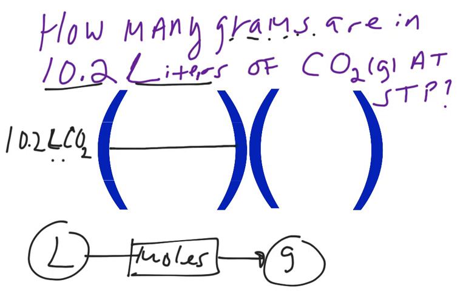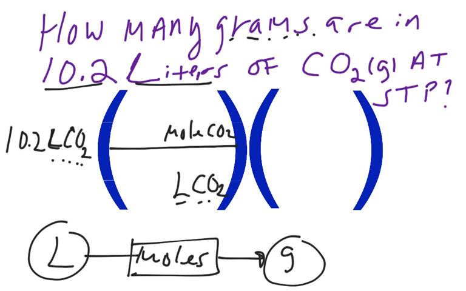If we want to get rid of liters of CO2, we need the same units in the bottom, liters of CO2, so the top and the bottom will cancel. Now, we're changing it to moles, so we need moles of CO2 in the top. We have liters in the bottom, the liters will cancel, and we have moles in the top.